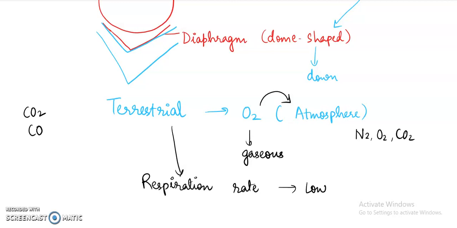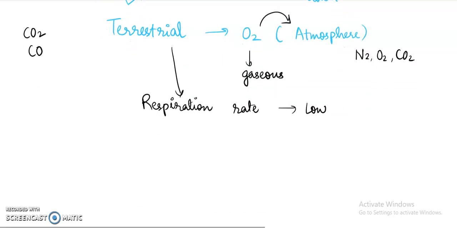Because in water, the amount of oxygen is always less in comparison to the atmosphere in which we are doing respiration. So this is the general information on respiration, what occurs in one breathing cycle and what phenomenon it uses, why the respiration rate is low in terrestrial organisms and greater in aquatic animals. We will talk about respiration in aquatic animals in a separate video just after this, so stay tuned.